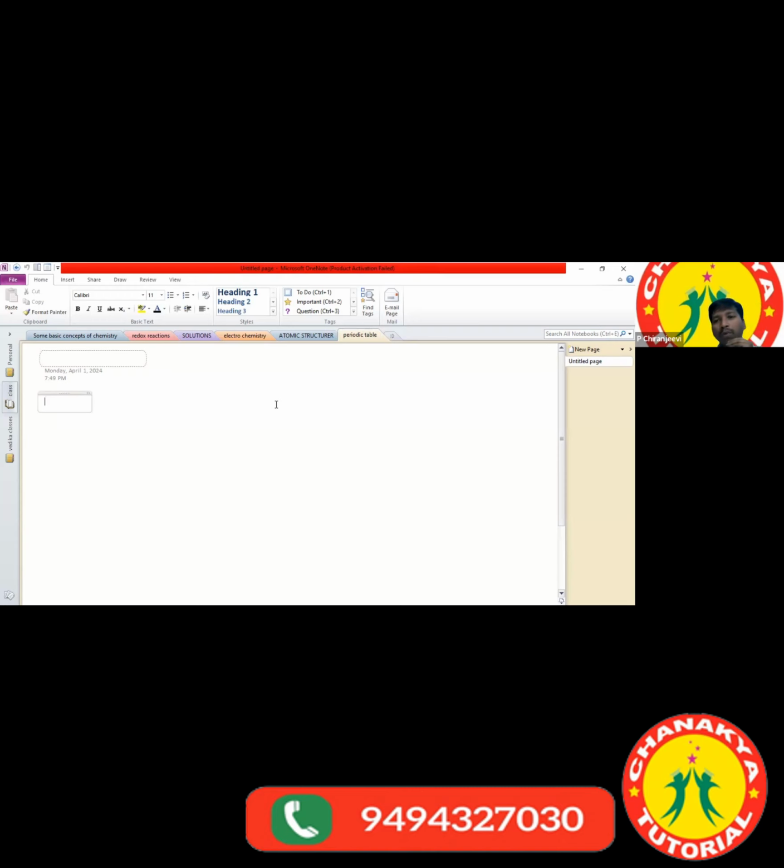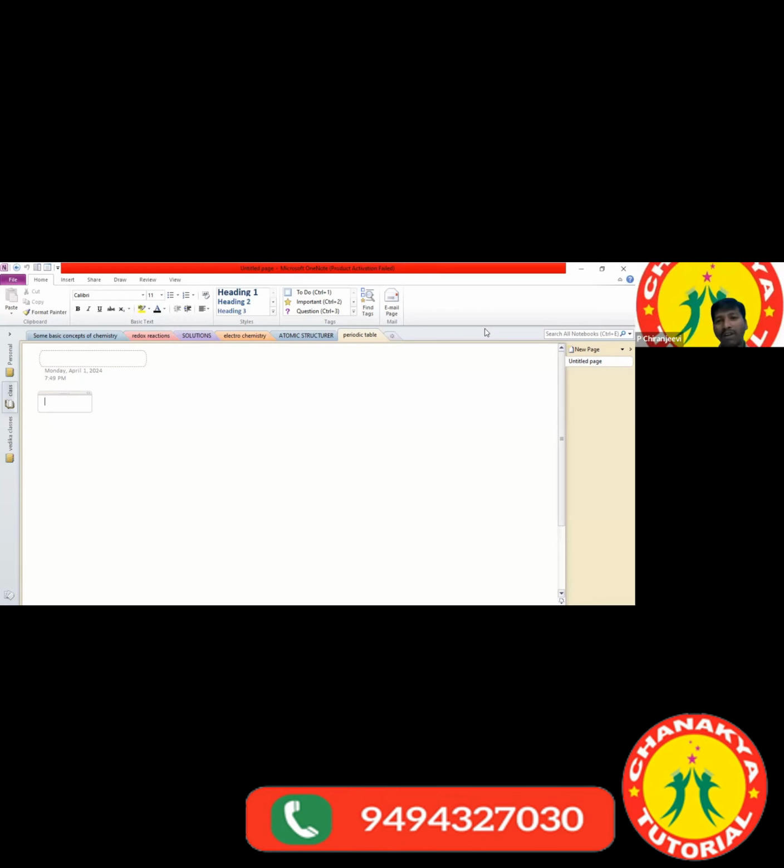Who constructed the modern periodic table? Niels Bohr constructed the modern periodic table. In the modern periodic table, elements are arranged in the increasing order of their atomic numbers.